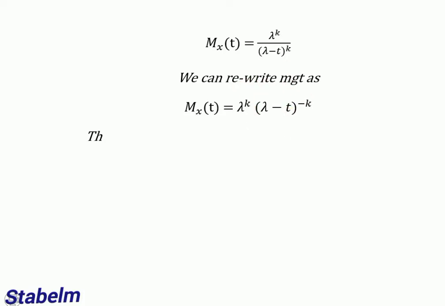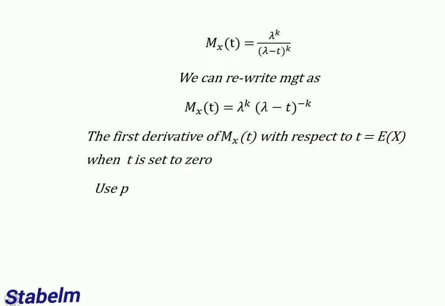The first derivative of M_X of t with respect to t, when t is set to 0, will give us the mean that we are looking for. So we are going to use product differentiation now, just like what we said the other time.